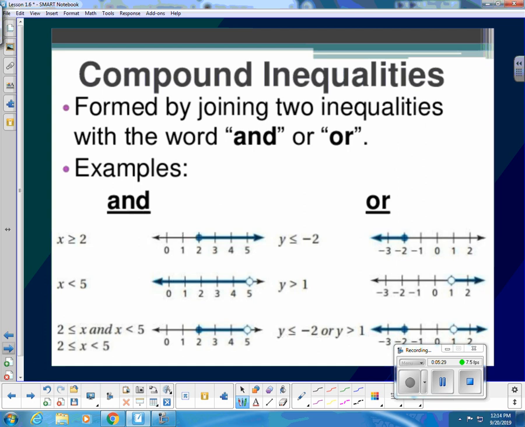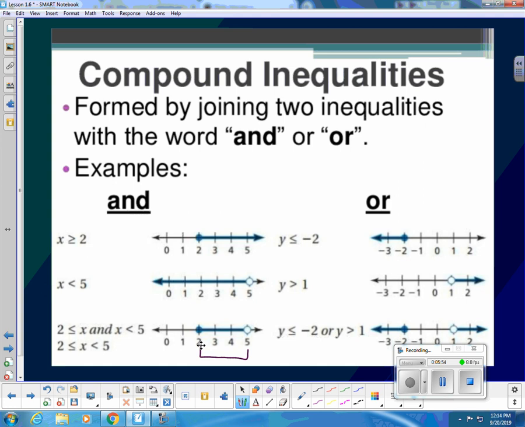Compound inequalities, when you have an and or an or. So an and statement generally will result in an answer that's between two numbers. Okay? It's the intersection between two solutions. So this guy is x is greater than or equal to 2 and x is less than 5.